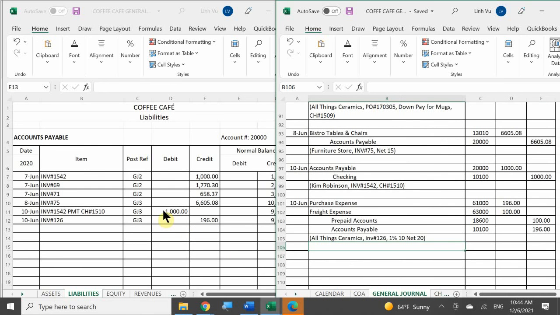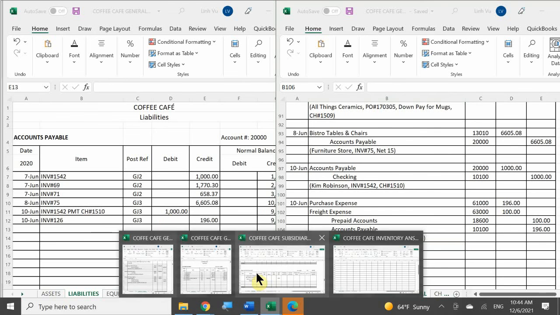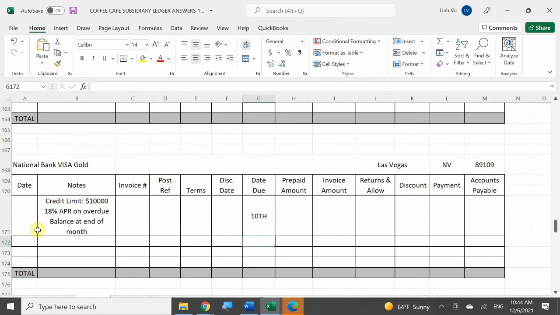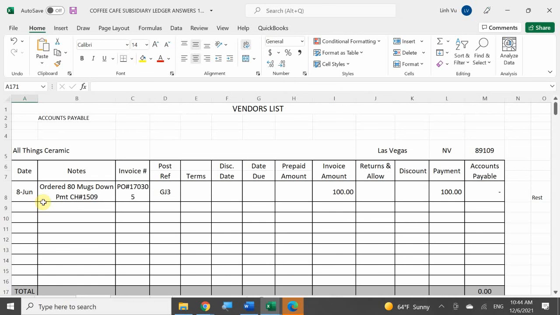So now that I updated my journal and I updated my ledger, I now need to go ahead and update my subsidiary ledger because I received a bill from All Things Ceramics and now I owe them money. So, subsidiary ledger, go all the way up to the top here. And this is how I want you to apply your prepayment.